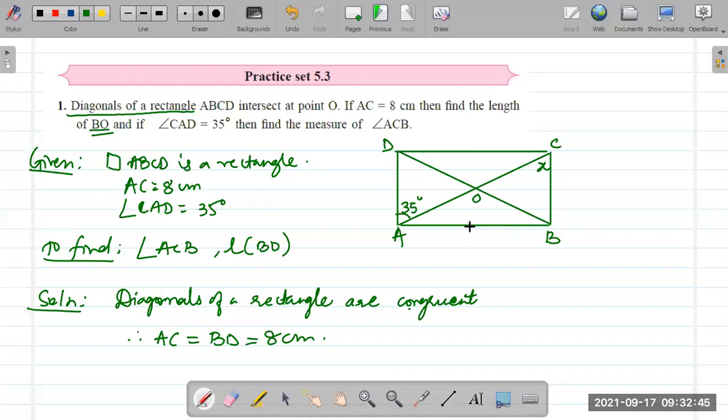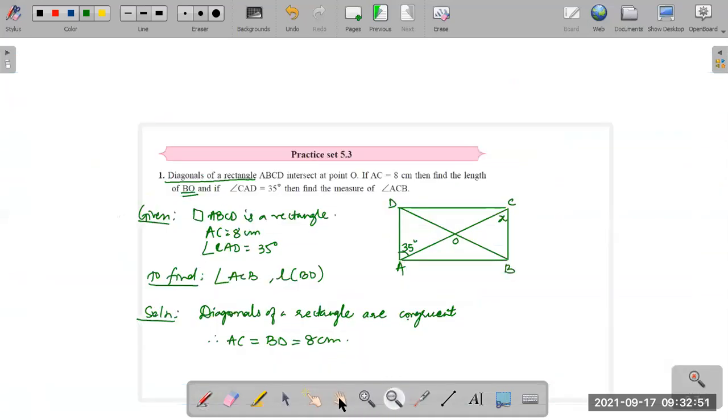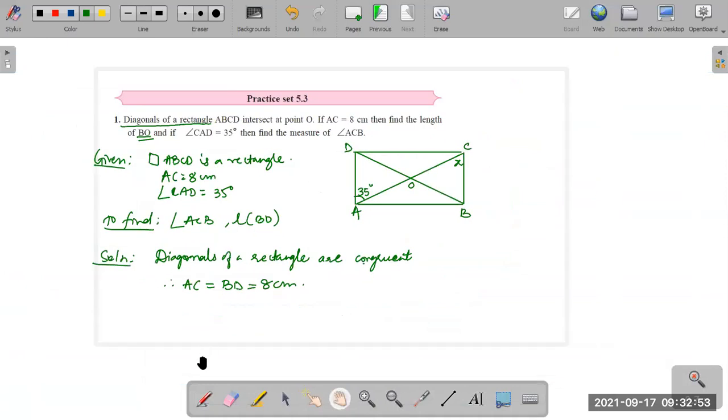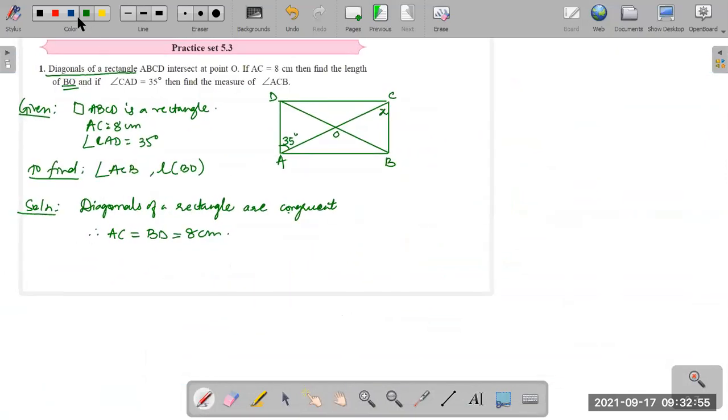So remember one thing, that a rectangle is also a parallelogram. So I'm going to write it out. Remember that a rectangle is also a parallelogram. Therefore, what can we say? And we know the property of a parallelogram.